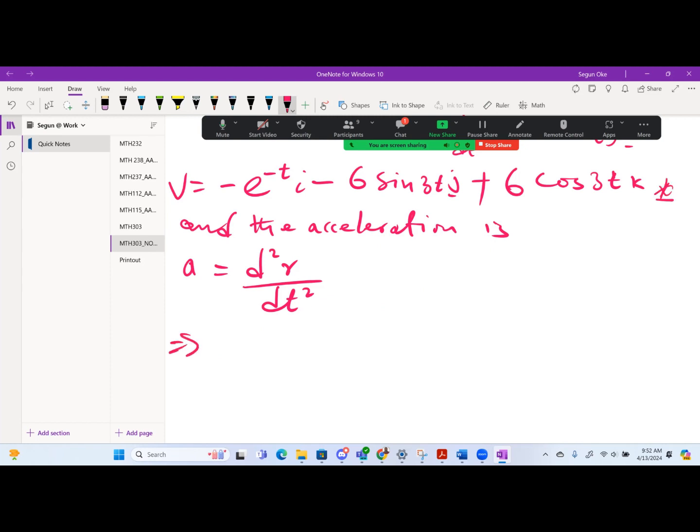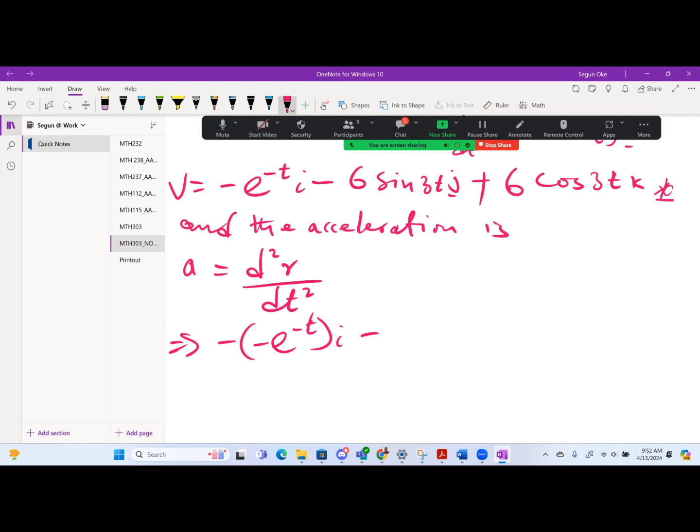We're going to have, in this case, minus exponential. Remember, minus times minus will be positive, right? But let me put it this way: minus e raised to power minus t i, minus, you know, when you differentiate sine, it will give you cos.